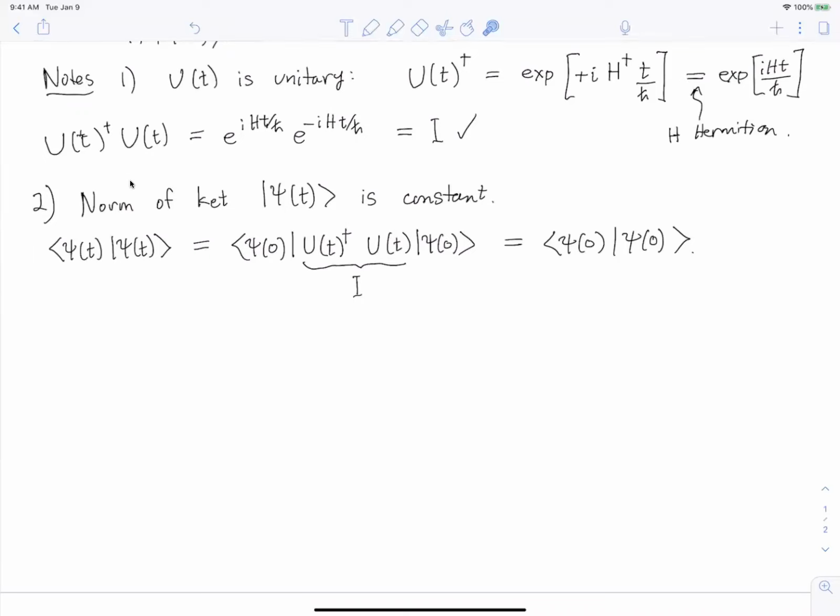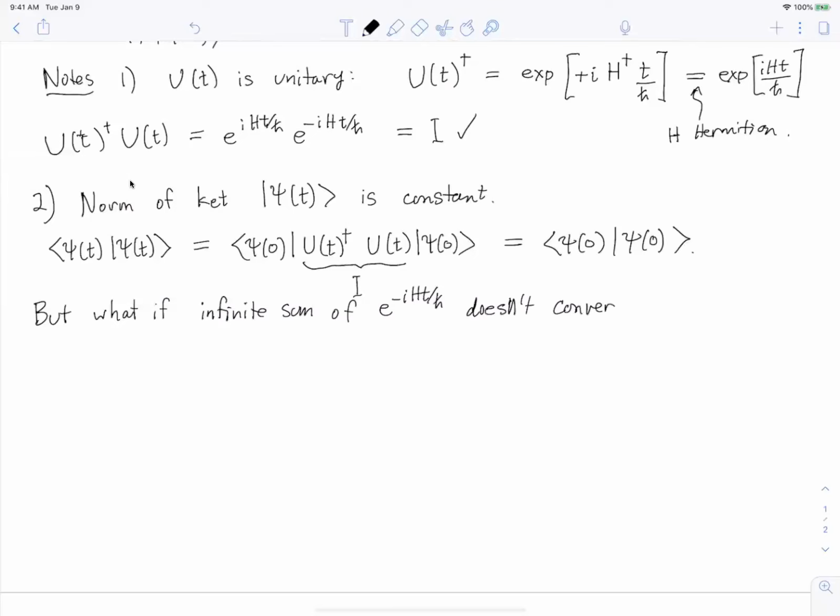Okay, that's good, but now we have to worry about what I mentioned earlier. What if the infinite sum of e to the minus i H t over h bar doesn't converge?